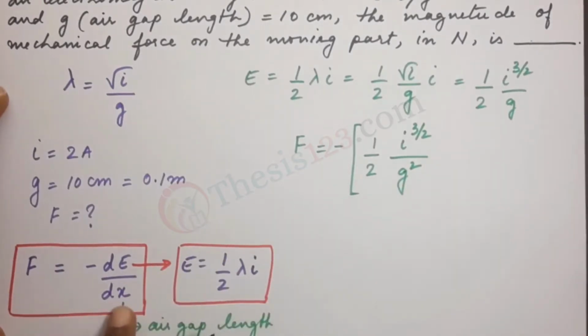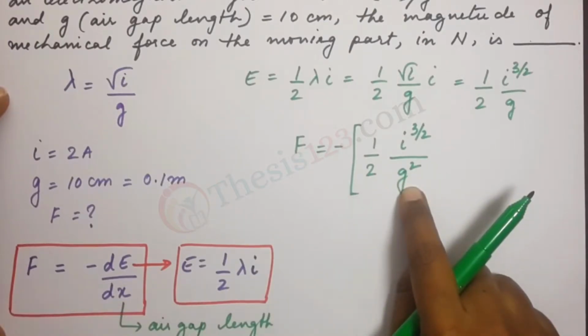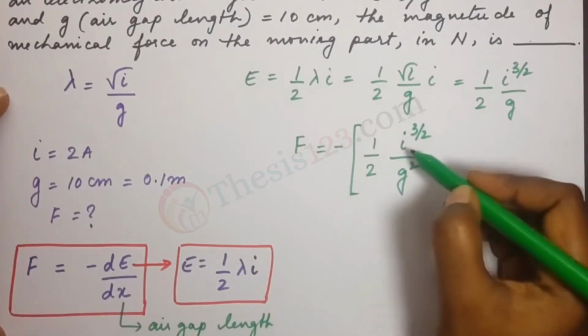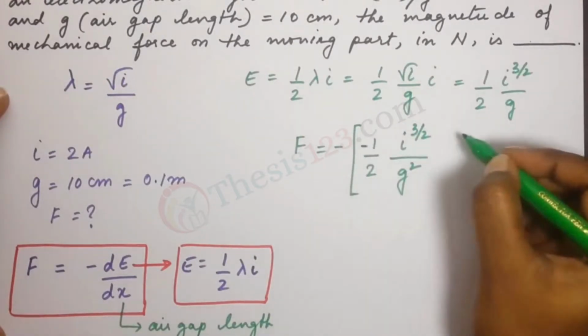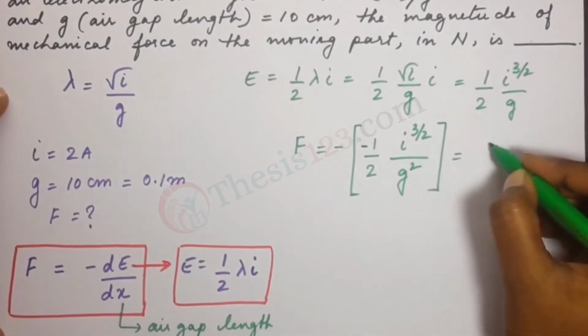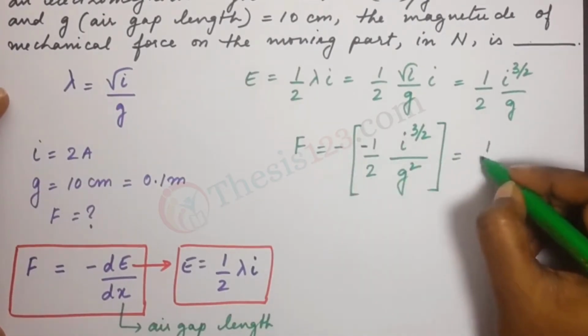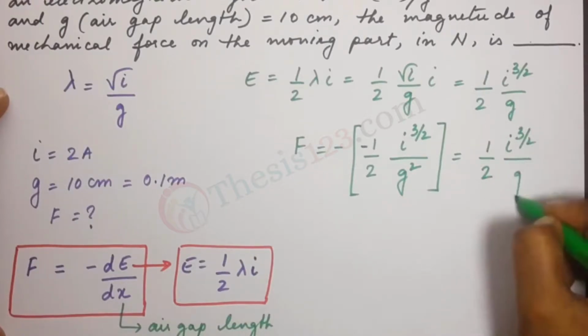We are differentiating with respect to x, which means that we are differentiating with respect to g here. Okay. Right. Now, since this is g square, we will have to minus, becomes minus, right? So here we now have two negatives, which becomes positive, 1 by 2 I 3 by 2 divided by g square.